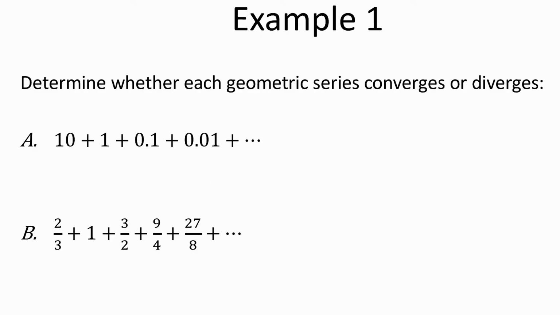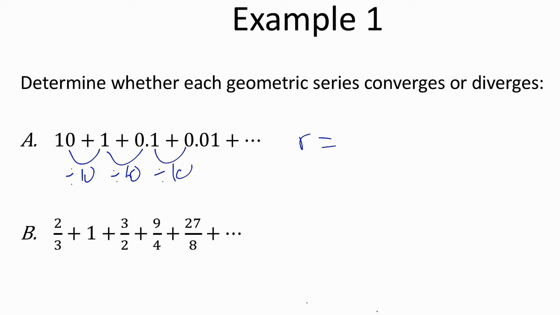So on this first one, letter A, it says 10 plus 1 plus 0.1 plus 0.01. The R value there, what are we multiplying by every time to get from one term to the next? Well, some of you might look at this and say, oh, that's dividing by 10, dividing by 10, dividing by 10, and that would be 100% correct.